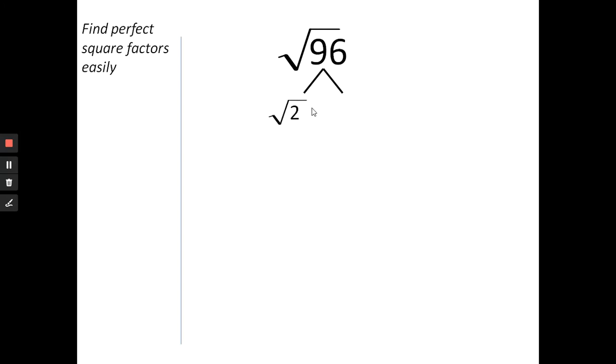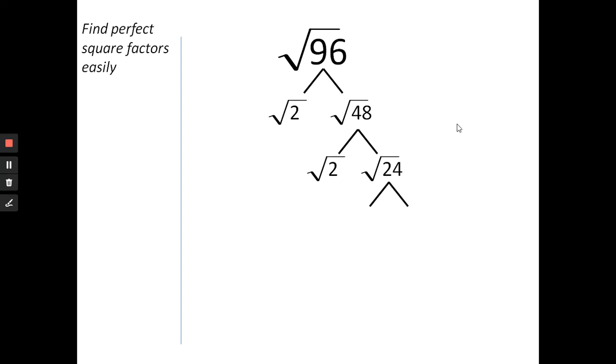So this would be 2 times 48. And then 48, I think I see a perfect square in 48, but I'm not sure if it's the largest one, so I'm going to keep going. So I'm going to factor it down to square root of 2 times the square root of 24. And I see 24 has a perfect square. Still not sure if it's the largest, so let me see.